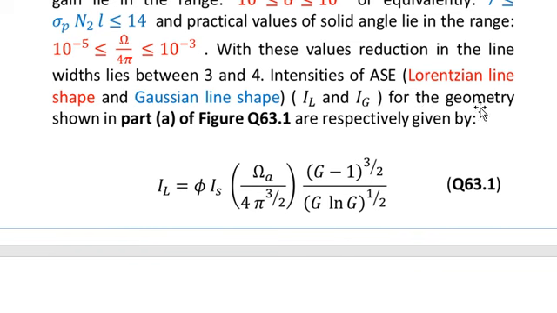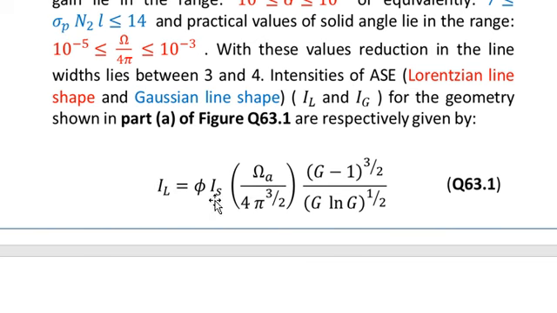So for the geometry shown in part A of the figure, we are not going to calculate, but we are just mentioning the expressions. That is IL, the intensity of the saturating beam, or more accurately, the saturating intensity in the Lorentzian profile.